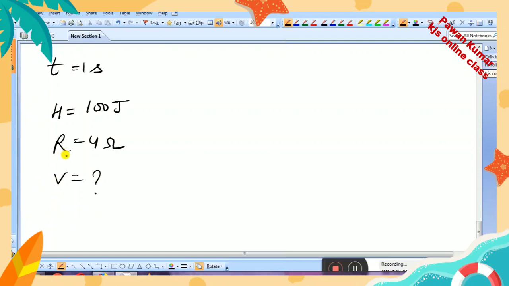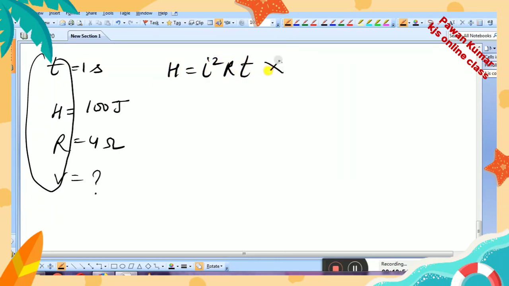Let us see what all things are given to you. We studied this formula; should we apply it? No. We studied the V square upon R into T formula; should we apply it? Yes. Reason? Because these four things are present in this formula.